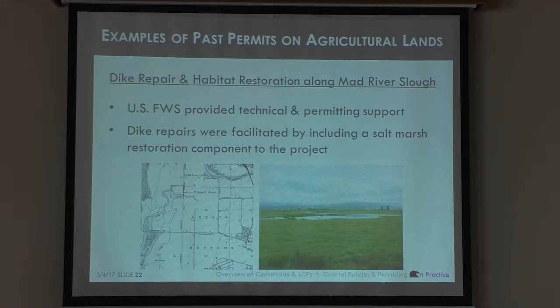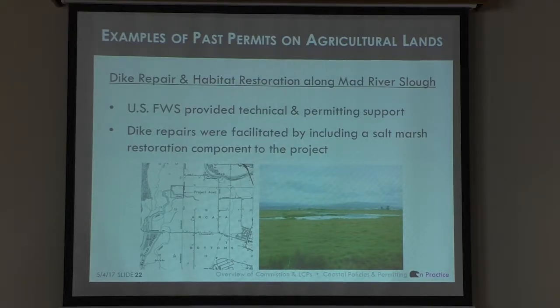So one example I wanted to mention is a dike repair and habitat restoration project that was permitted on Rat River Slough back in 2008. And this was a project for which the U.S. Fish and Wildlife Service provided technical assistance to the landowner. So I think that took care of some of the permitting burden for the landowner. They didn't have to pay the application fee. They worked with the service.